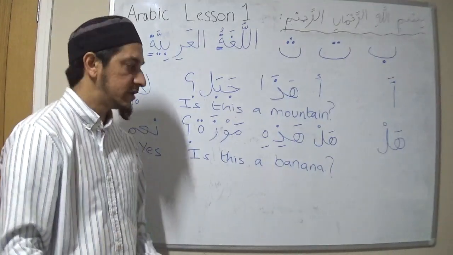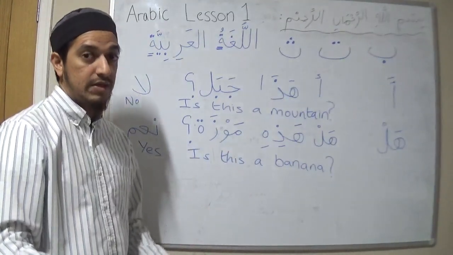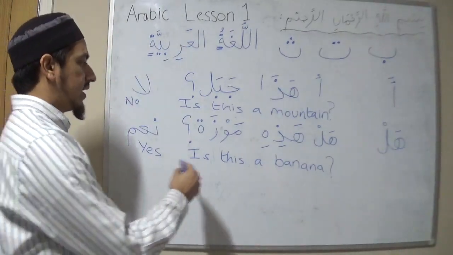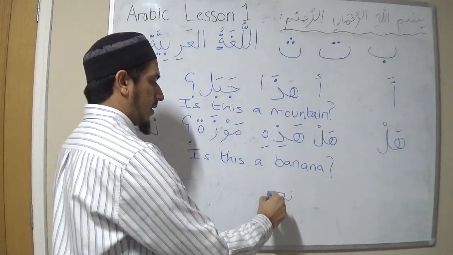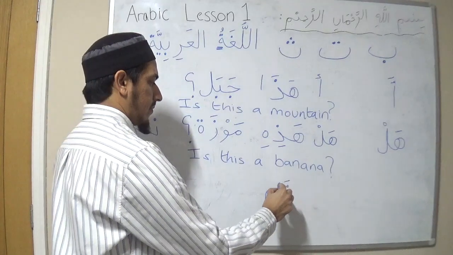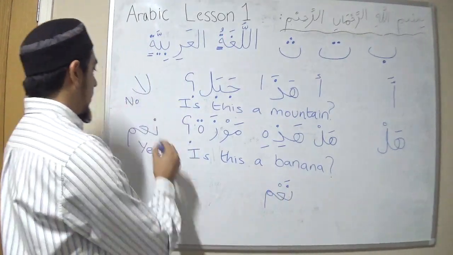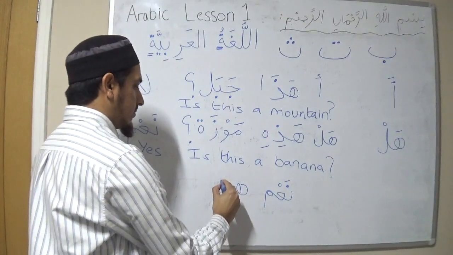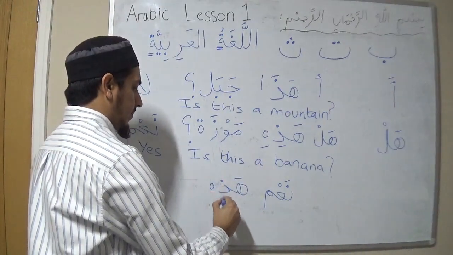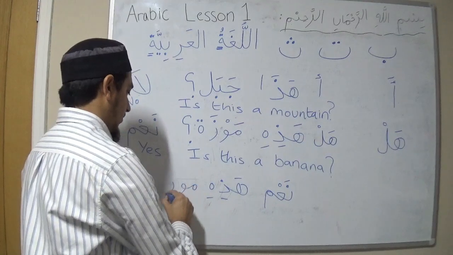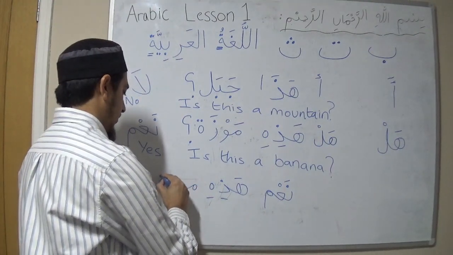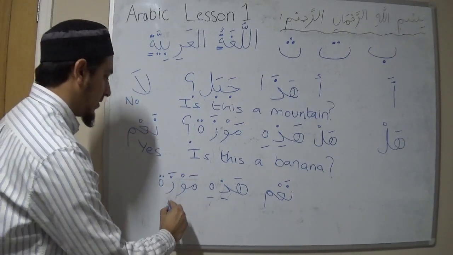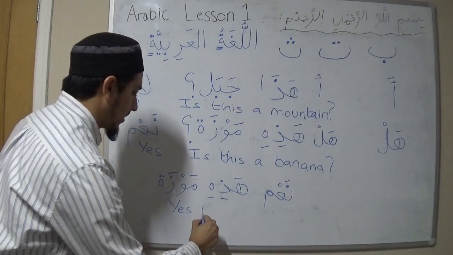The lazy simple answer would be, if it is a banana, نعم. But if you want to carry on writing it in a full sentence, you say نعم، هذه موزة. Yes, this is a banana.